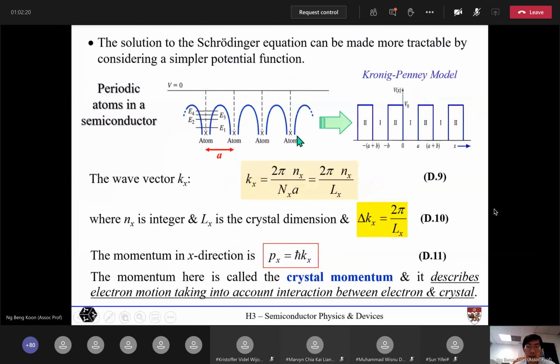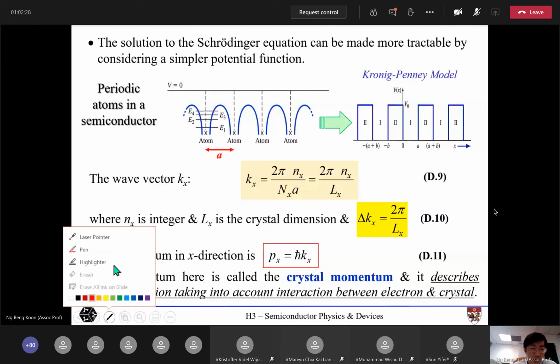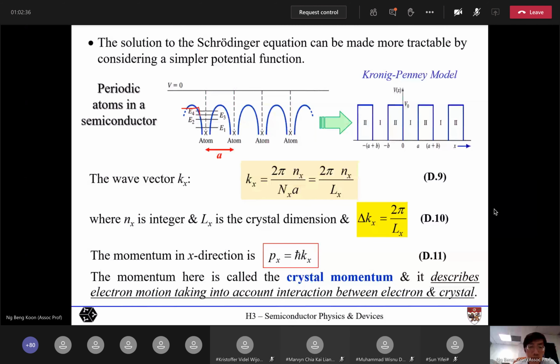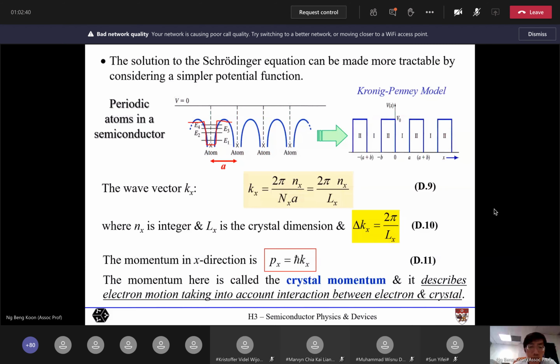Instead of using the actual potential profile, we can use an approximation, like what we did before. We fit some approximate structure to this so that the values at different places are constant values. And if you do that and put it in the Schrödinger equation, it's a lot easier to solve.